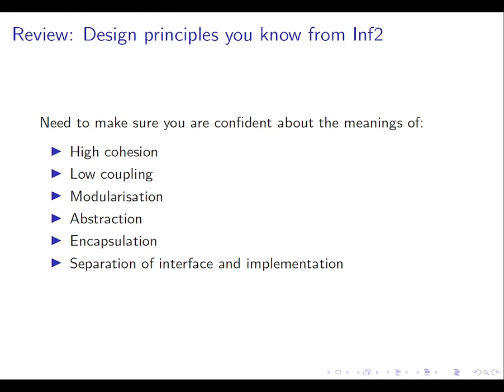Maybe one thing that's worth pointing out here is that sometimes people reckon they can get high cohesion and low coupling by only having one module. And in a very superficial and artificial sense, that might be true, in the sense that if you measure your cohesion by saying, are the things that go together all in the same module, then of course if there is only one module, the answer to that will be yes.